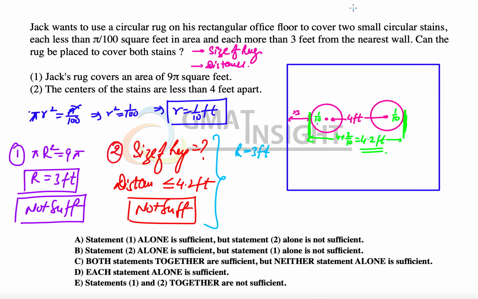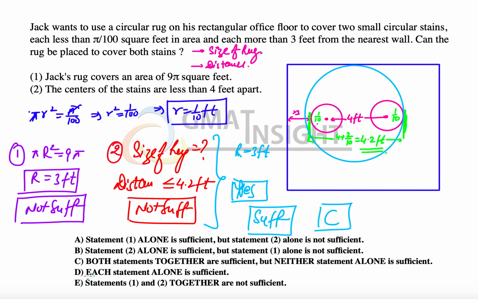And now if we have a 6 feet wide rug and the distance between the two stains from the second statement is 4.2 feet, then we know that definitely the rug will be able to cover these two stains comfortably, because this distance is 6 feet while this distance is just 4.2 feet. So the answer to the question is definitely yes, because the rug will be able to cover it. And so we say that the statements together are sufficient to answer the question, and the final answer becomes option C.